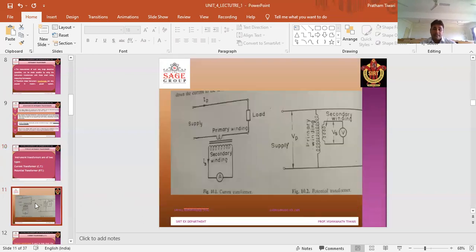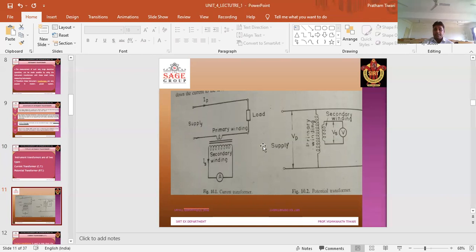This is the circuit diagram we are using in the presentation, as shown in different types of substations and laboratories. This is the arrangement of a current transformer in industries. The current transformer primary is connected in series with the power circuit and measuring instruments are connected on the secondary side of the CT.